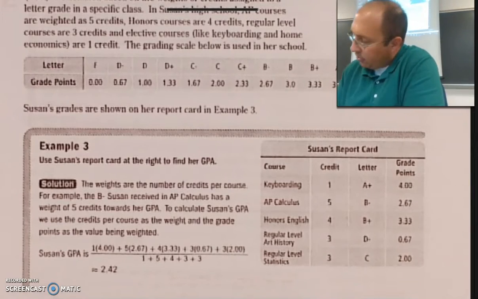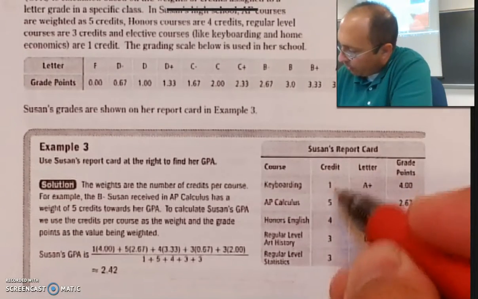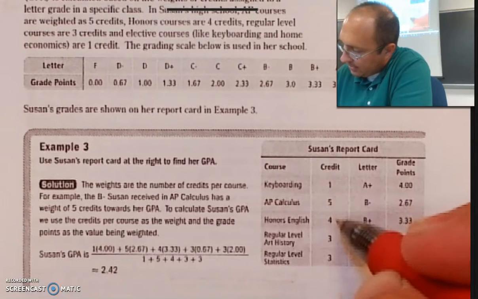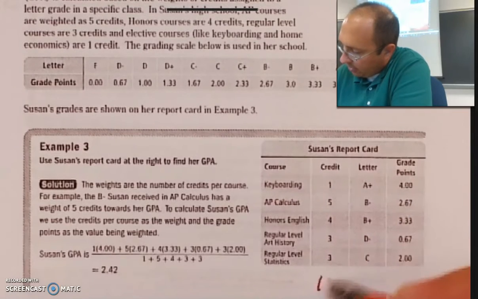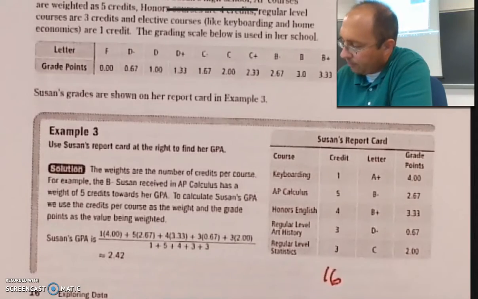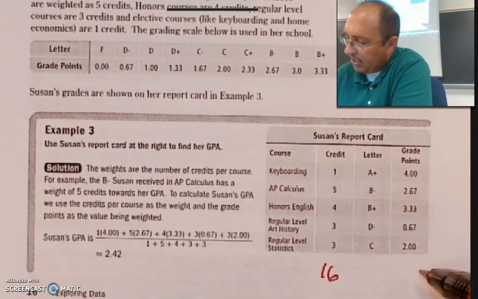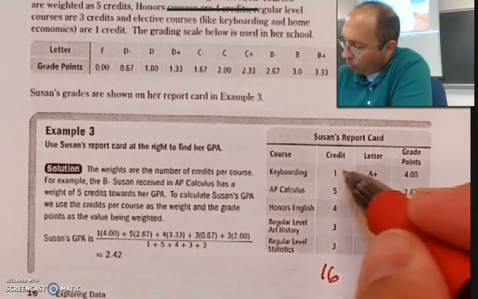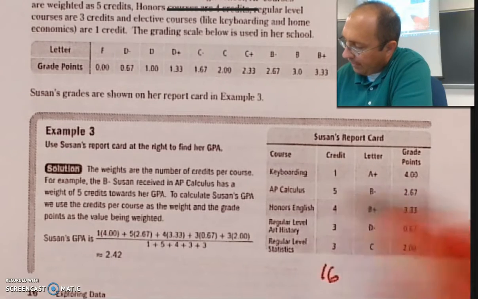So what we need to do is think about her total number of credits. Okay, so 6, 10, 16 credits, right, is how much she earned. But how many points did she get? Well, 1 times 4 and 5 times 2.67 and 4 times 3.3.